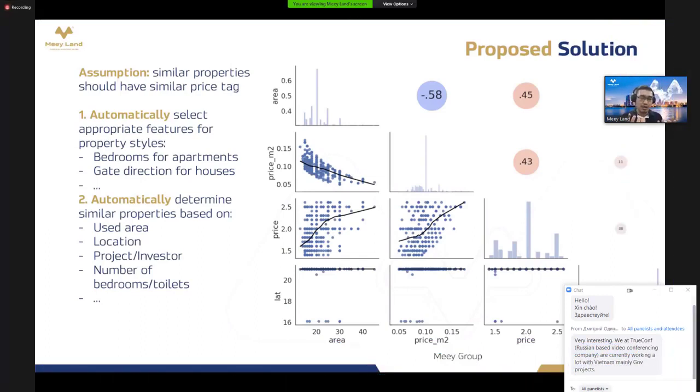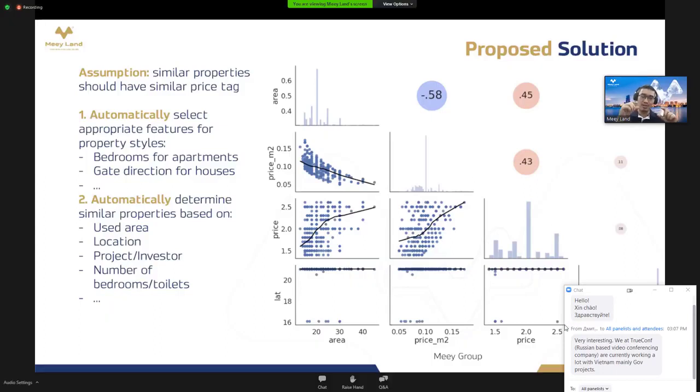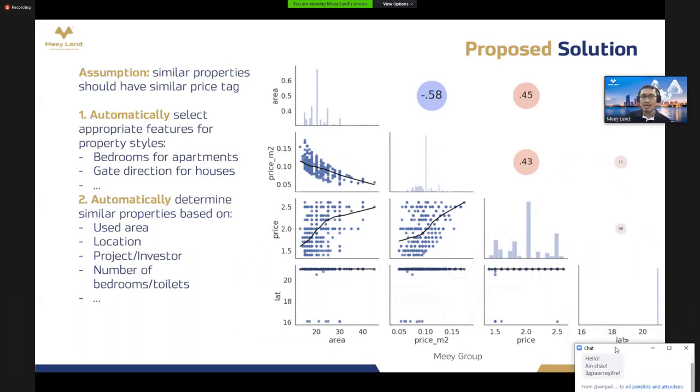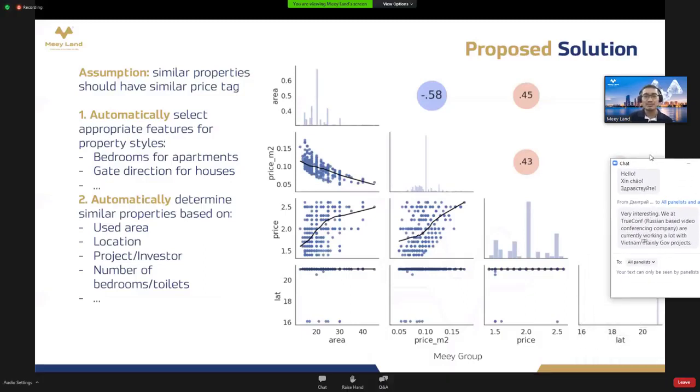If you have two houses with similar features and close to each other, then the price of the first one should not be too far from the second one. In general, that assumption is acceptable.